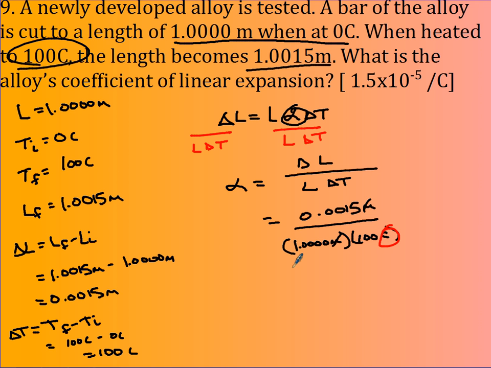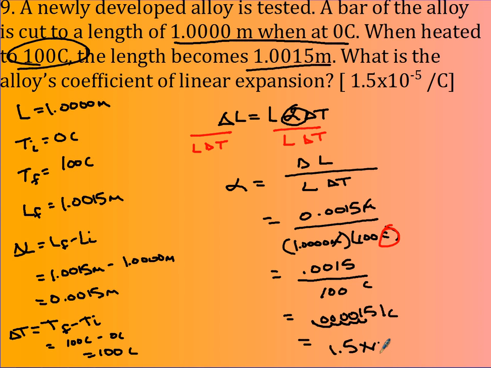So this is 0.0015, and then I'm going to multiply everything in my denominator. 1 times 100 is 100, and Celsius stays there. To put this in scientific notation, I move the decimal 1, 2, 3, 4, 5. This is 1.5 times 10 to the negative 5 per Celsius. Alphas are very small, and so instead of leaving them like this, we do tend to put them in scientific notation.